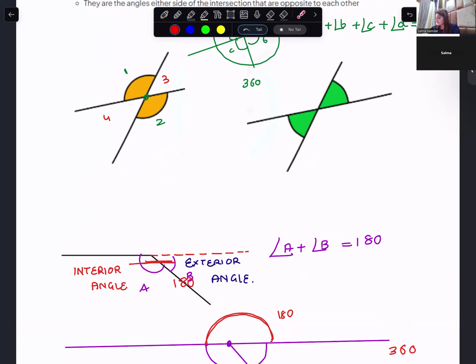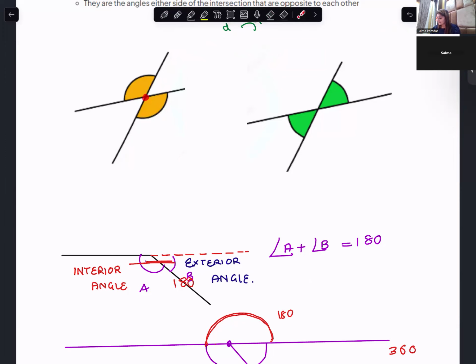Now if you see over here, this is a straight line. How many angles do we have? We have this angle and this angle, that is 2 and 3. The sum of both would be 180 degrees. So we learned two properties up till now. What are the two properties that we have learned?